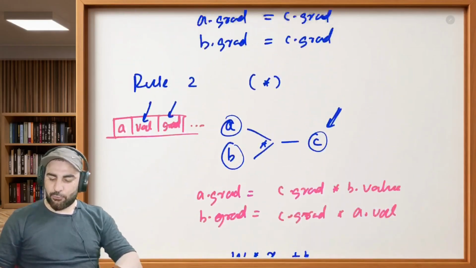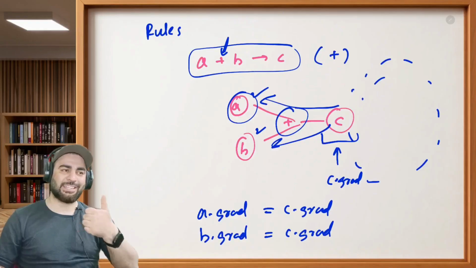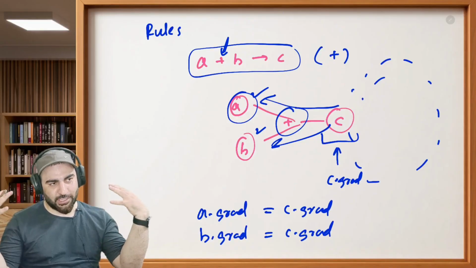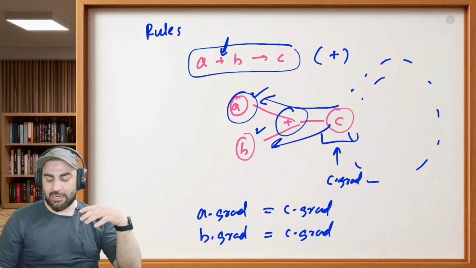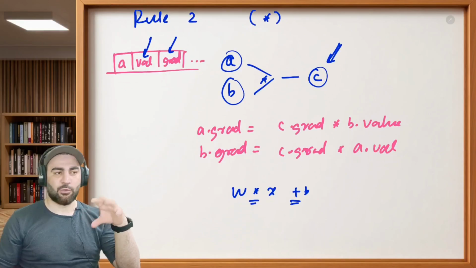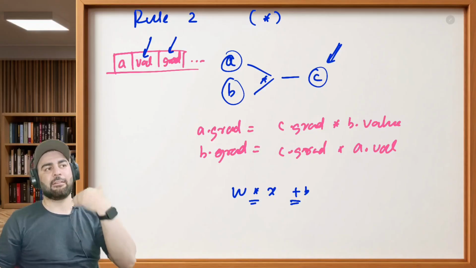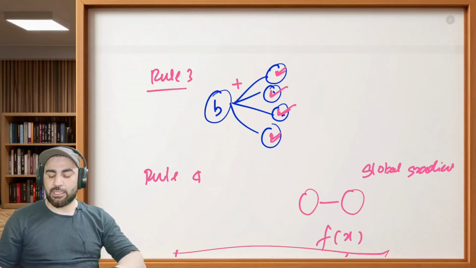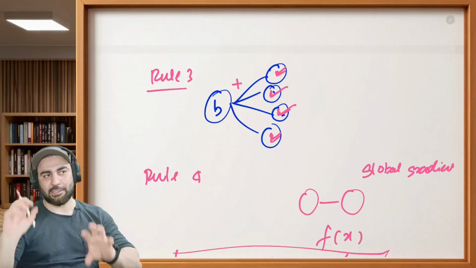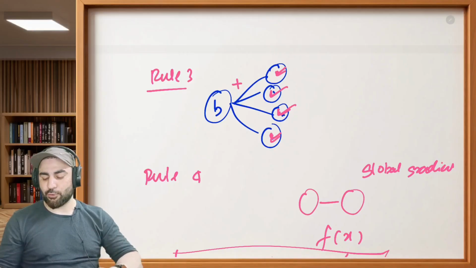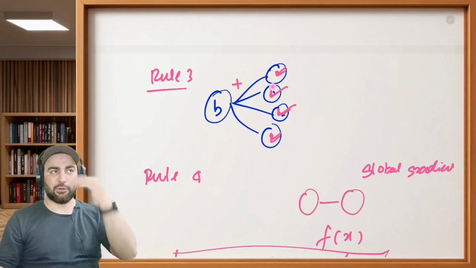Again, I have told you 4 rules, two important rules of addition and multiplication. In addition, you just relay the gradient, you just distribute it. In multiplication, you take the global gradient and multiply it with the local gradient, and the local gradient is the value of the other thing. Rule 3 is, if you have a node connected to multiple nodes, which is usually the case in neurons, you take the gradient with respect to each of them and keep adding. For example, for b, you take the gradient with respect to this node and add it, with respect to the second node, add, and so on.